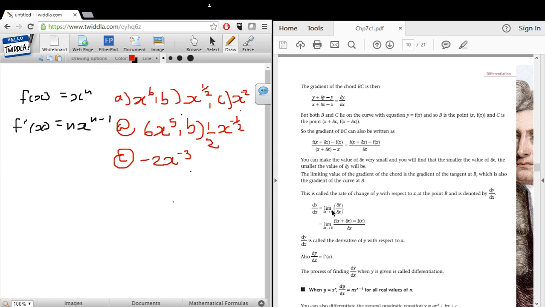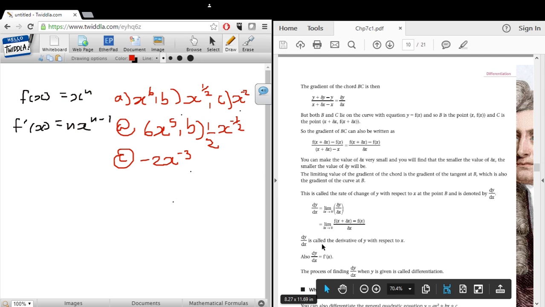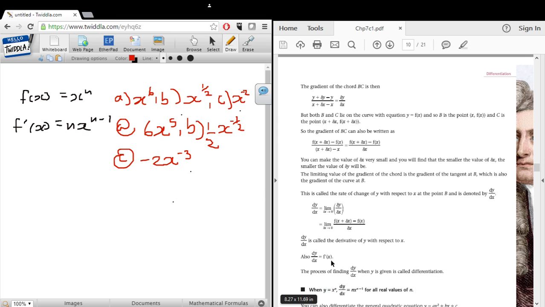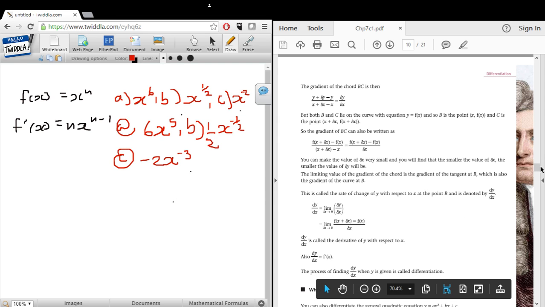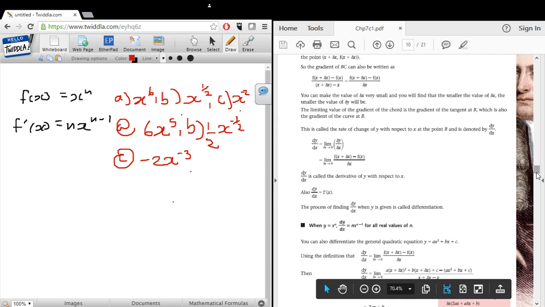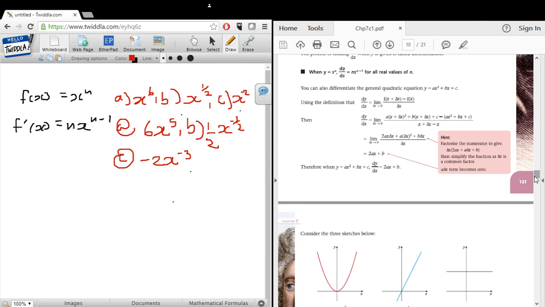Okay, so the limit of the rate of change of y with respect to x as delta x goes to 0 is called dy/dx, or the differentiation. dy/dx is called the derivative of y with respect to x, also denoted as f dash x. The process of finding dy/dx when y is given is called differentiation.